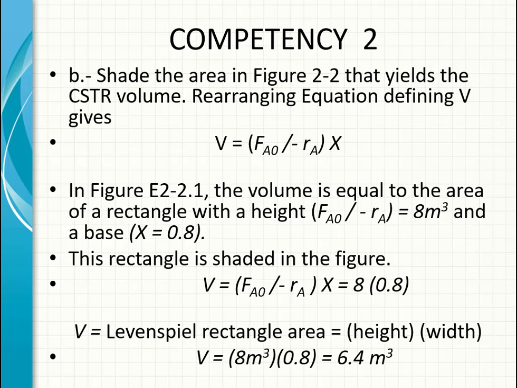So this rectangle is shaded in the figure that we are going to see later on, and its volume is the height times the base, which is 8 times 0.8, so the volume is 6.4 cubic meters, which is the same result that we obtained in problem number 1.